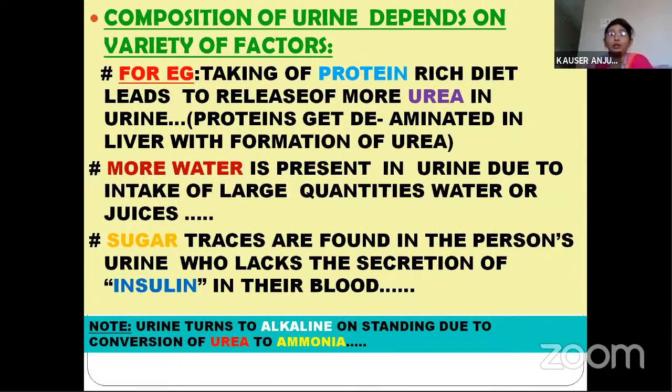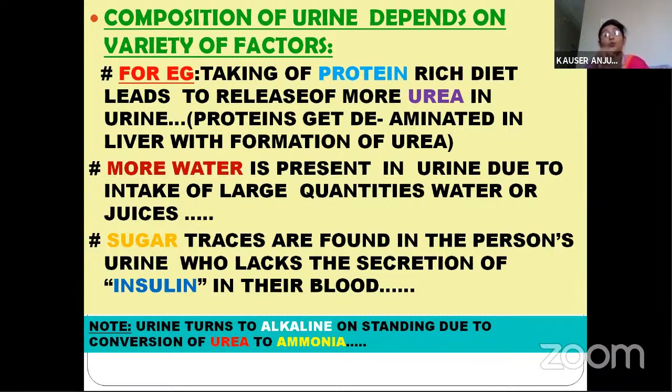So urine composition depends upon even the consumption of water. And also some people suffer with the disease called diabetes mellitus, commonly called sugar. In those persons, there is a lack of insulin.